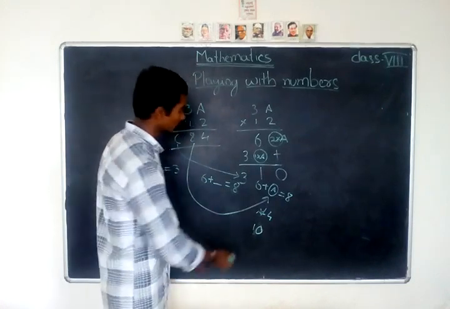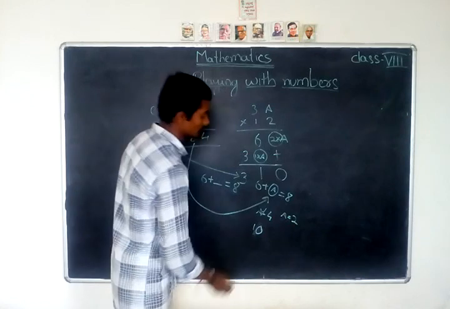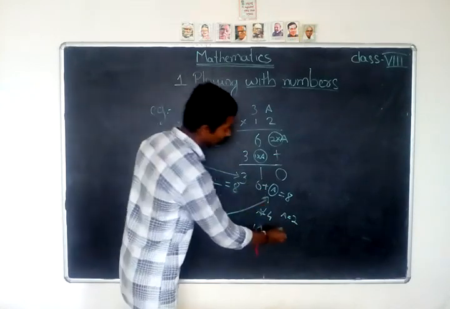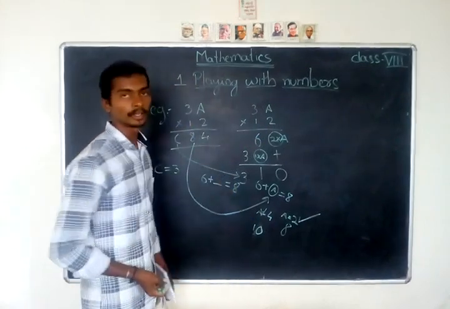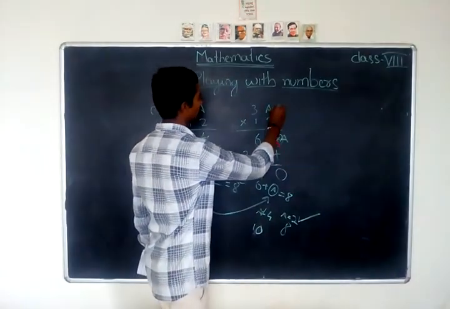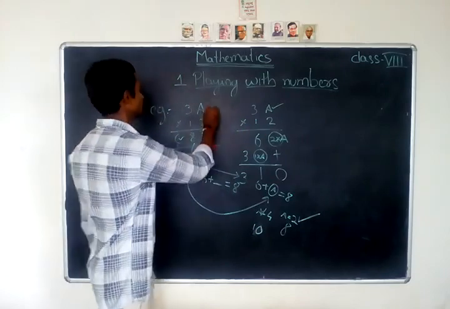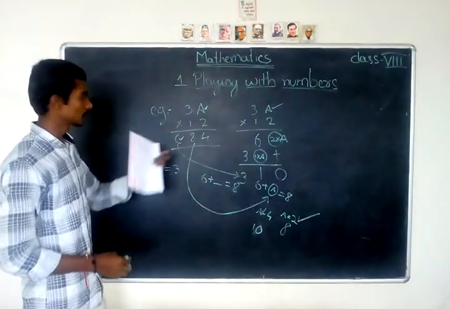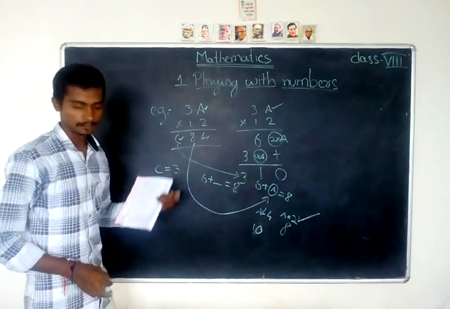Now trying another number, A is equal to 2. 6 plus 2 is equal to 8. So this is right. Now what we have got? We got the value of A, we got the value of C. We got both the values. This is how we find the value of alphabets in the alphanumerals.